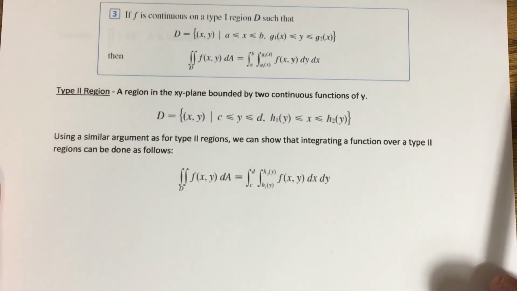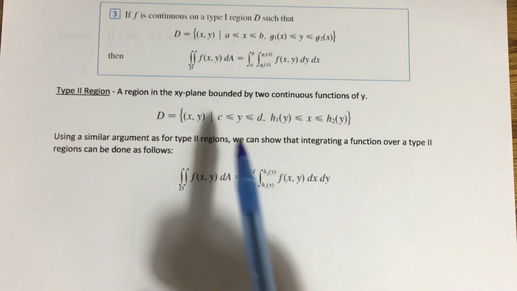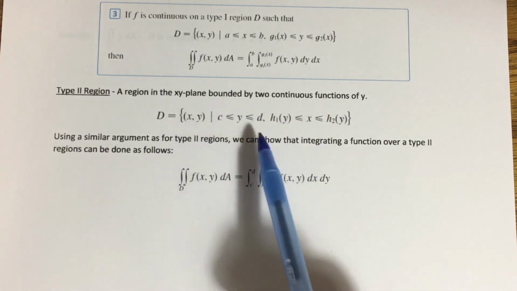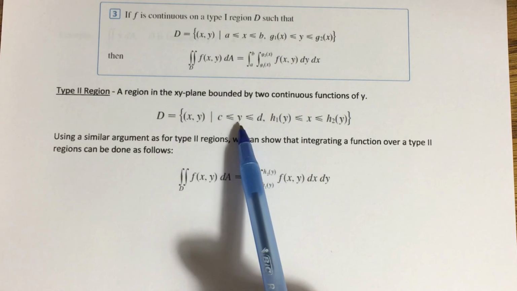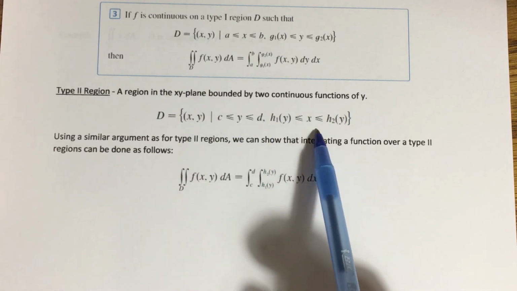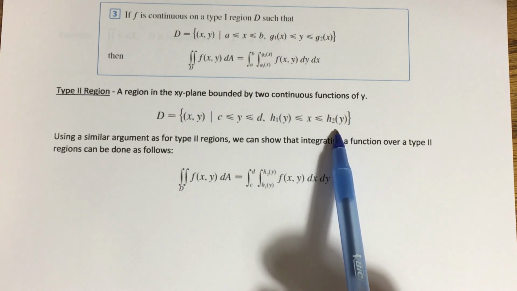Type 2 regions are sort of the counterpart of that. So a type 2 region is a region that's bounded by two functions of y instead of two functions of x. As a set, we can denote that this way. So in this case, it's kind of the reverse of what we saw in a type 1 region. y is on a fixed interval, but x is bounded by two functions of y now.